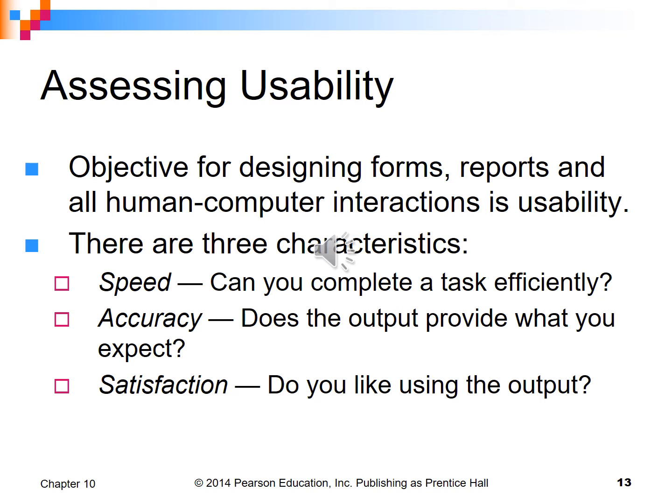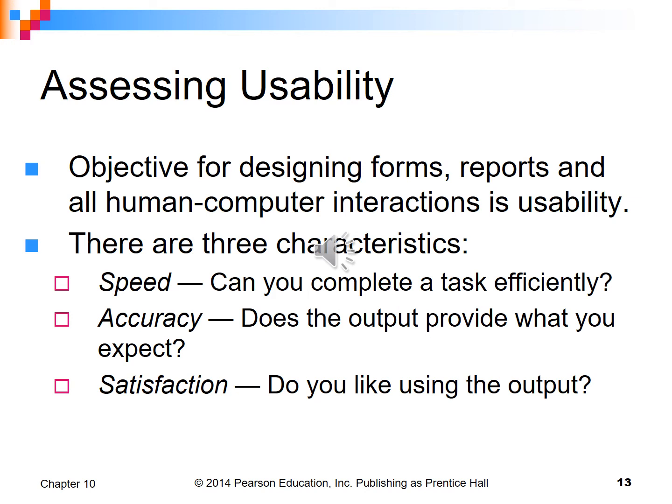Error frequency and severity: the frequency of errors. When you have an error every day, I think it causes a problem. Well, subjective satisfaction. That's what is really called subjective satisfaction. When the customer looks at the screen, he feels really satisfied with what he sees, a psychological comfort from inside. The objective for design, forms, reports, and all human-computer interaction is usability.